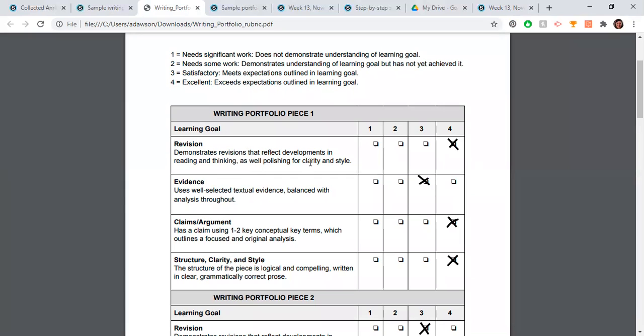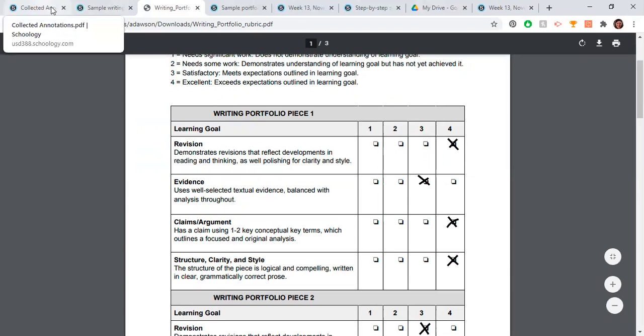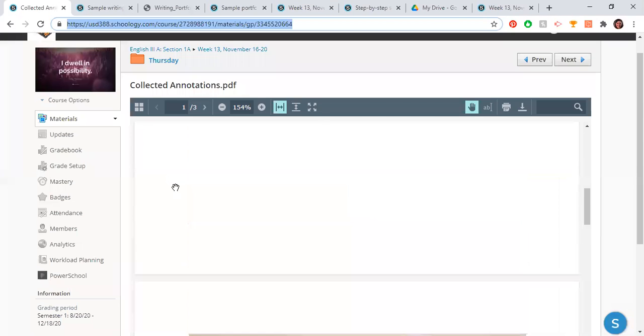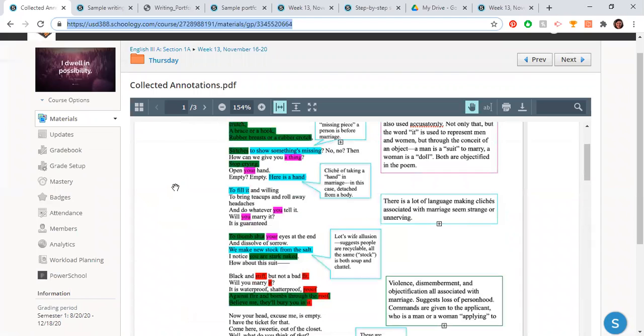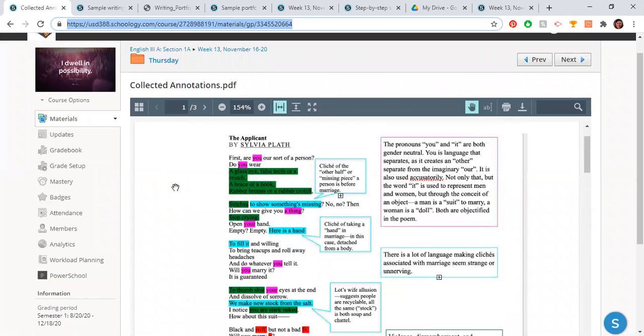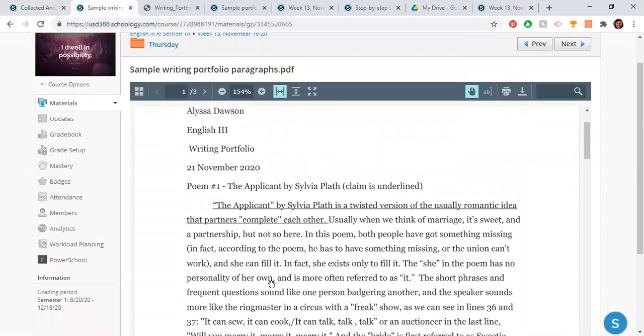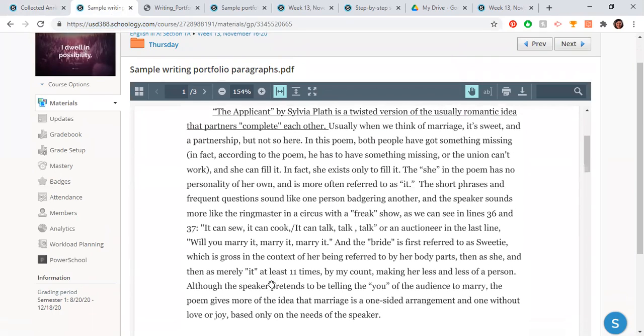So let's look at revision. It demonstrates revisions that reflect developments in reading and thinking, as well as polishing for clarity and style. So how far has this piece come in thinking about it? So if we think about the applicant, that's a very polished piece, definitely deserving of a 4. The textual evidence in the writing section.